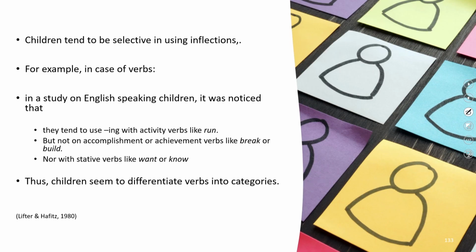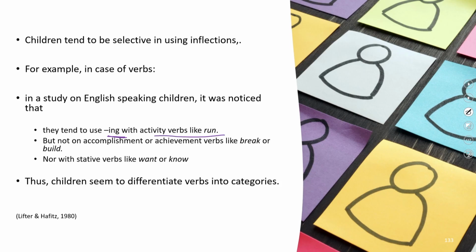In the use of inflections, they tend to be selective. For example, both in the case of verbs as well as nouns, they start very carefully, and that is what we mean by selective. In a study on English speaking children, they found that children tend to use ing, which is the progressive marker, with activity verbs like run.